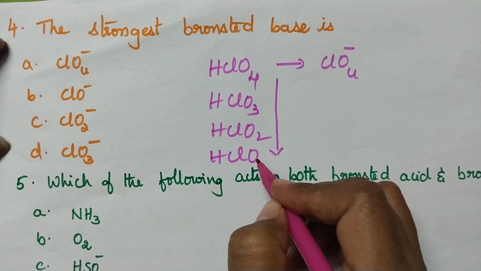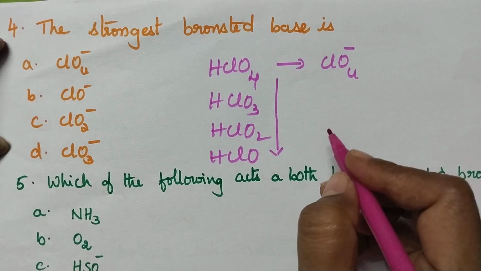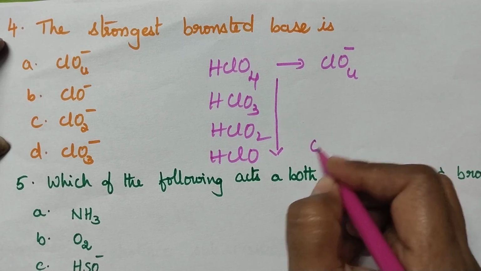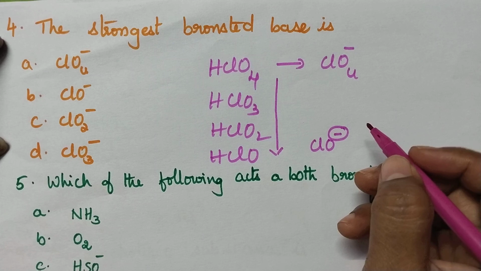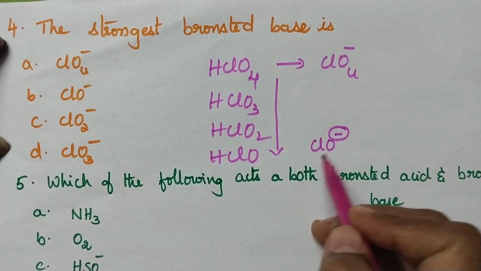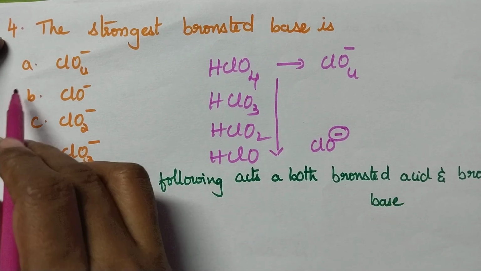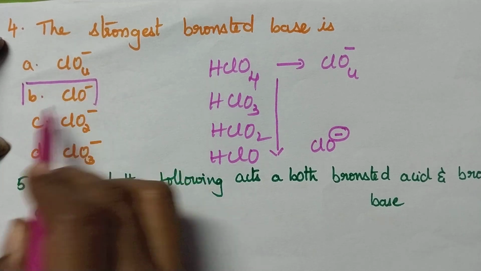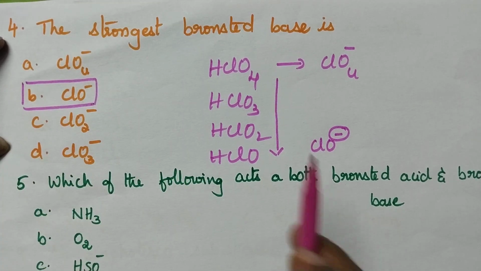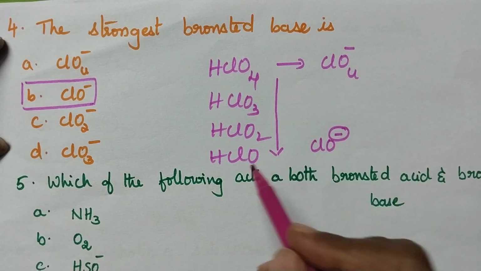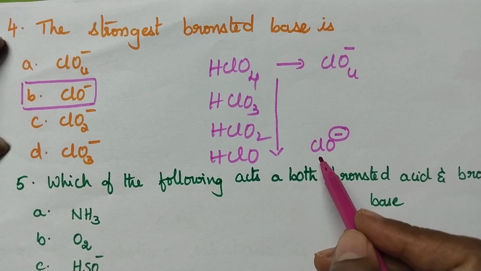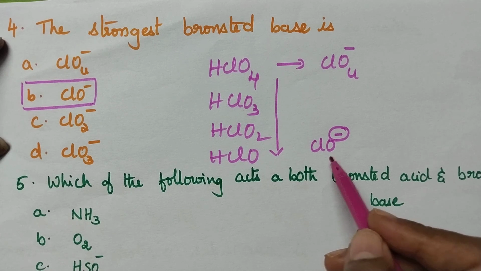That means from the weak acid we will get a strong base. That means ClO minus is the strongest Bronsted base. So where ClO minus is present? Here option B is the right answer. Remember students, from the strong acid we will get a weak conjugate base, and from the weak acid we will get a strong conjugate base.